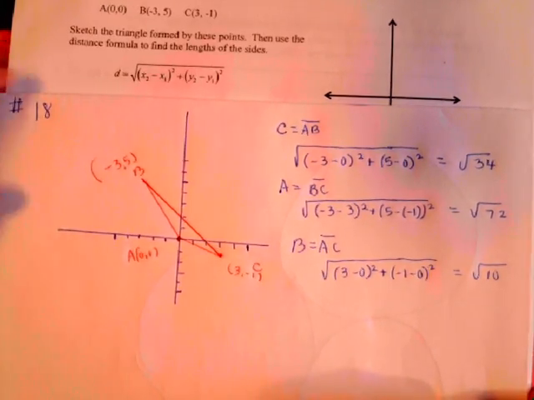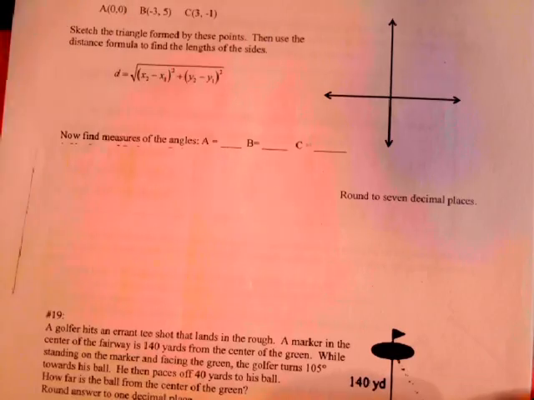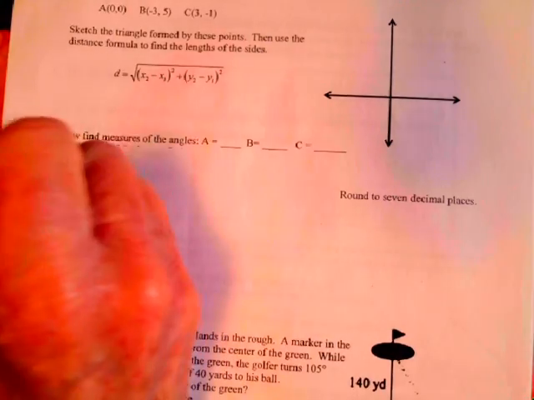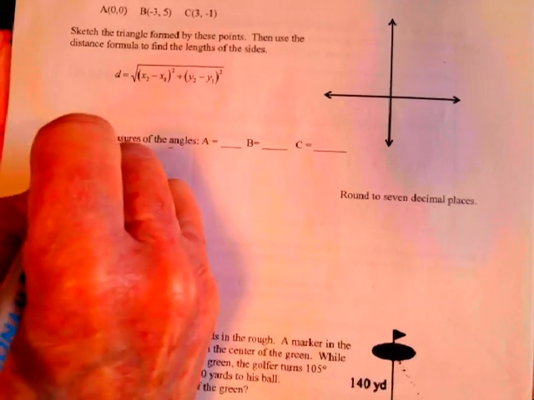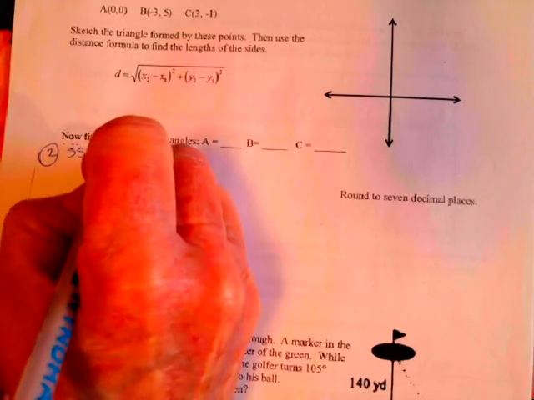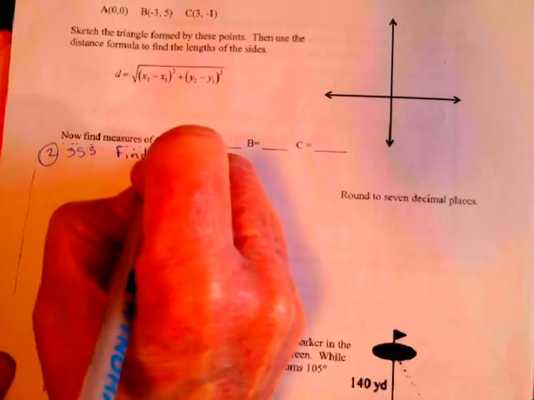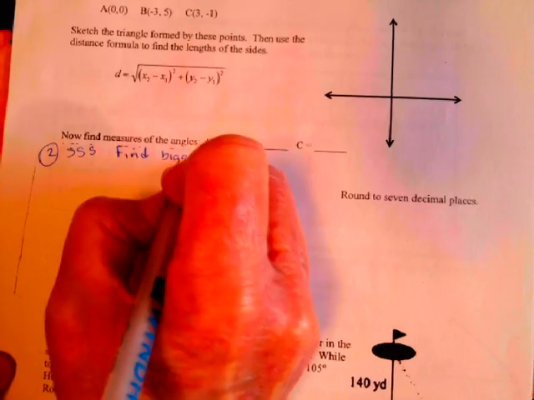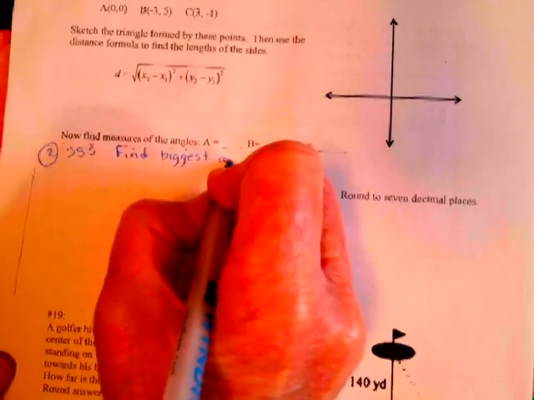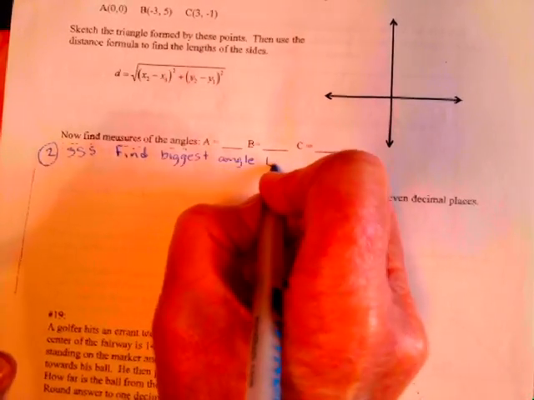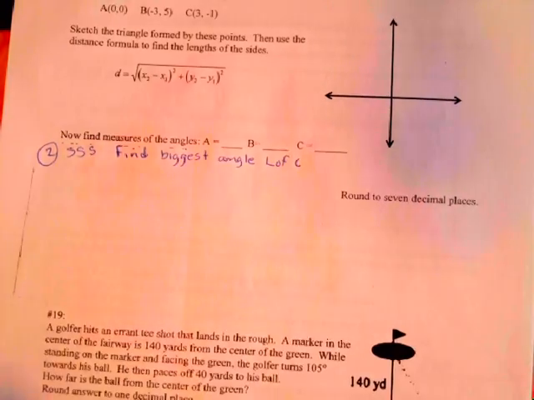Going on to the next part. Since we have a side, side, side triangle, we're going to find our biggest angle using law of cosines.